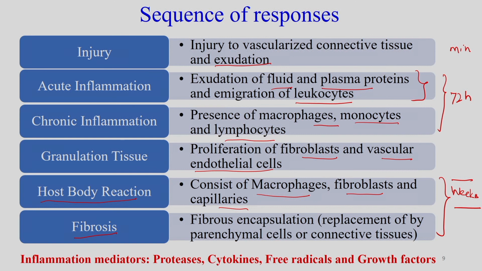Now, when we go particularly for biomaterial implantation, two steps are also involved between the injury and the acute inflammation. The first is blood and material interaction, followed by the provisional matrix formation.